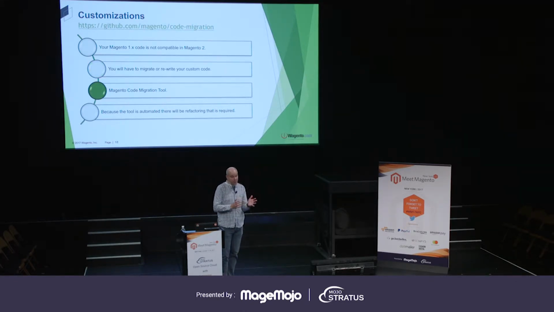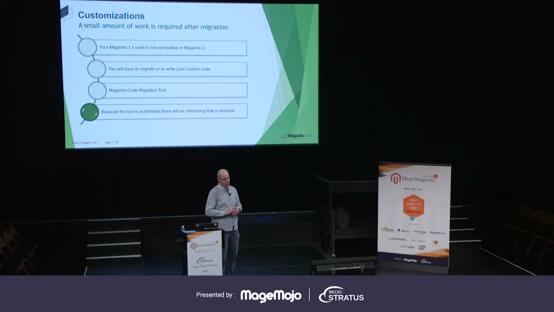We haven't used that much, but it does offer some additional tools when you're moving from M1 to M2 for code migration. The tool is somewhat automated, so after the migration using the code migration tool, there is some manual checking, QA, all the things that we should be doing regardless.